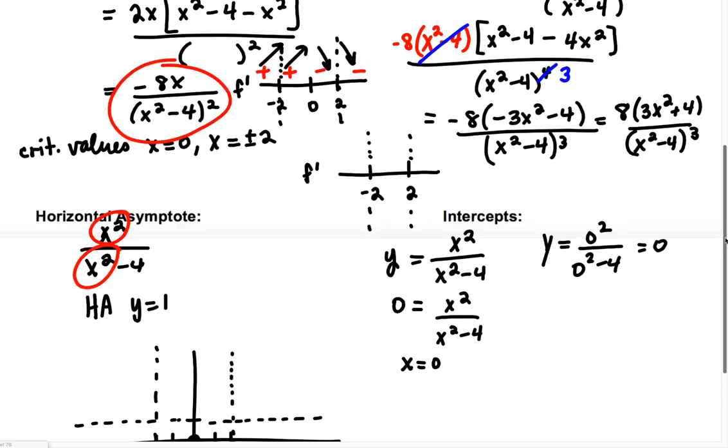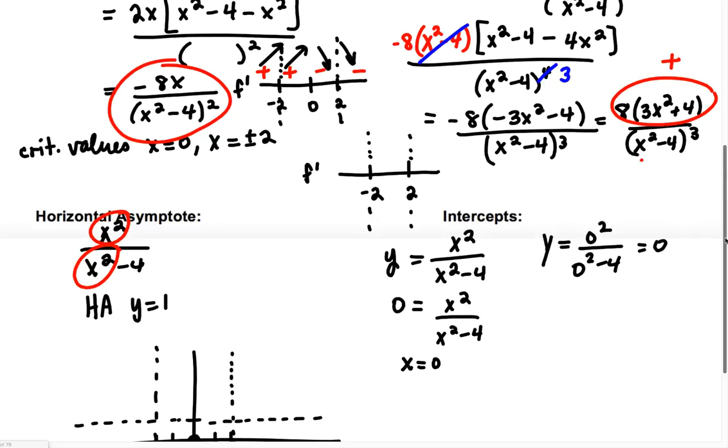Okay, and then if I check for my concavity, my numerator is always positive with this 8 times 3x squared plus 4. No matter what I'm plugging in, I'm going to square that, so it's positive on top. But then what about the bottom? The bottom's cubed, so I'm considering what happens when I plug into the cube. If I plug in something over here, like -3, the top is always positive no matter what.